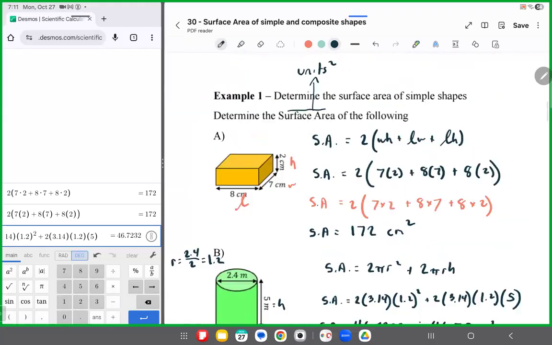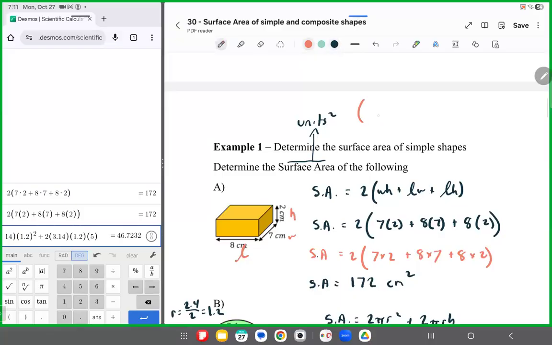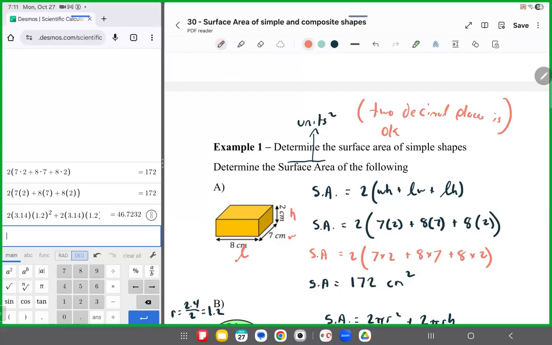Again, when in doubt, if the question doesn't stipulate, usually 2 decimal places is enough. And if you were to use the pi button instead of using 3.14, your answer would be slightly larger than what you should be getting.